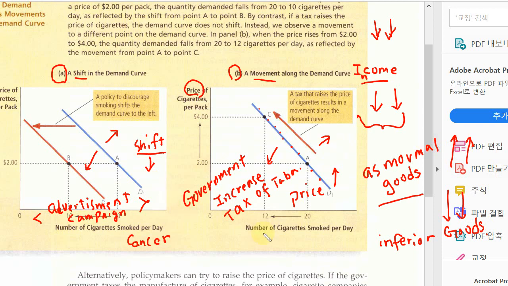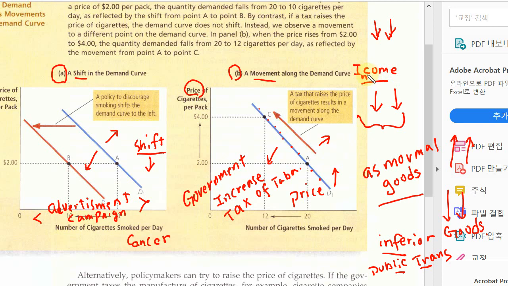What is the example of inferior goods? Public transportation can be a good example. In case of public transportation, once you have increased income, you prefer to use your private transportation, right?